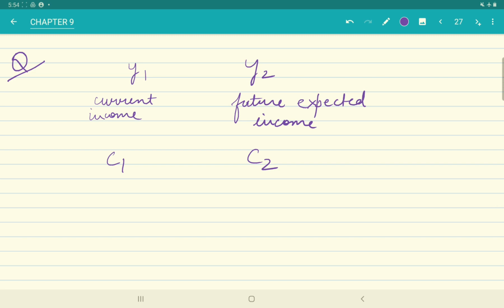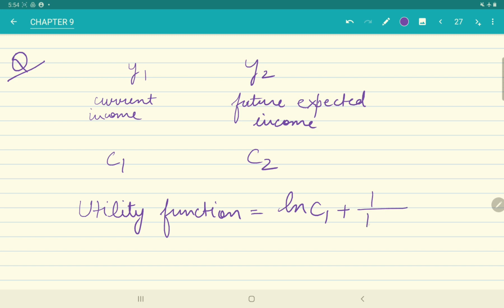Her utility function is ln c1 plus 1 upon 1 plus delta times ln c2. Now what is this delta? This is her discount rate.